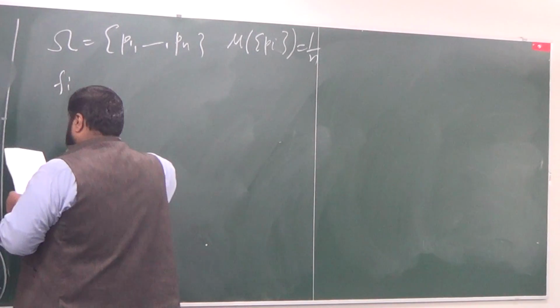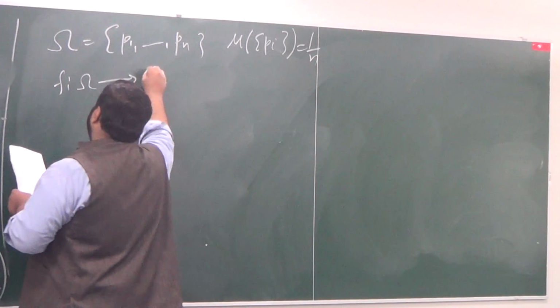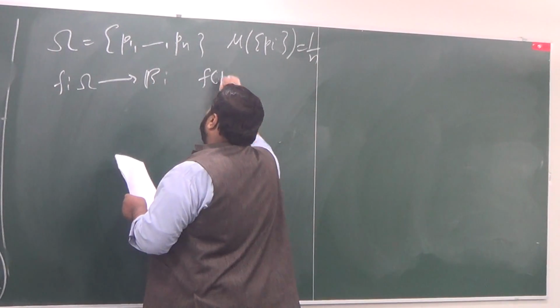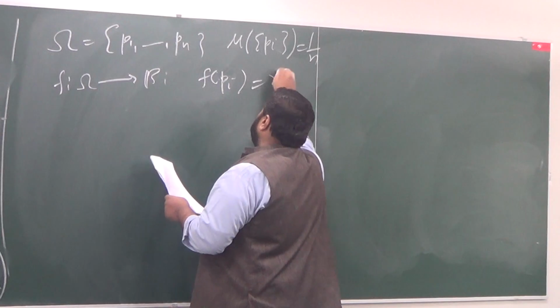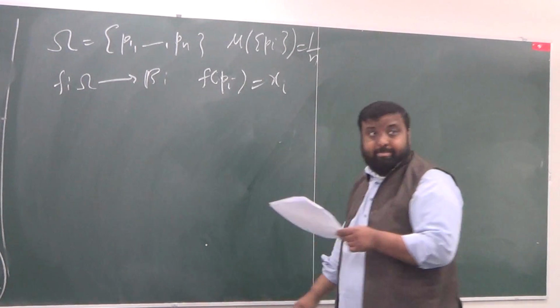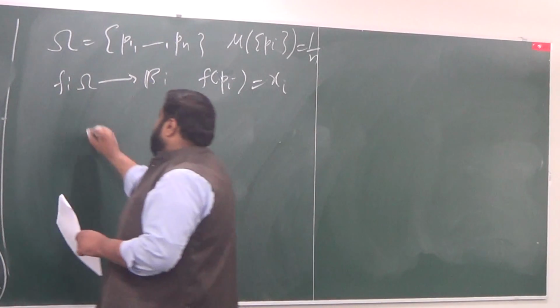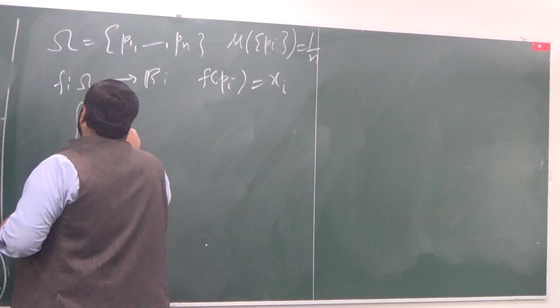Consider a map f from omega into R such that f of pi is some number xi. Then what would be the integral of f d nu?